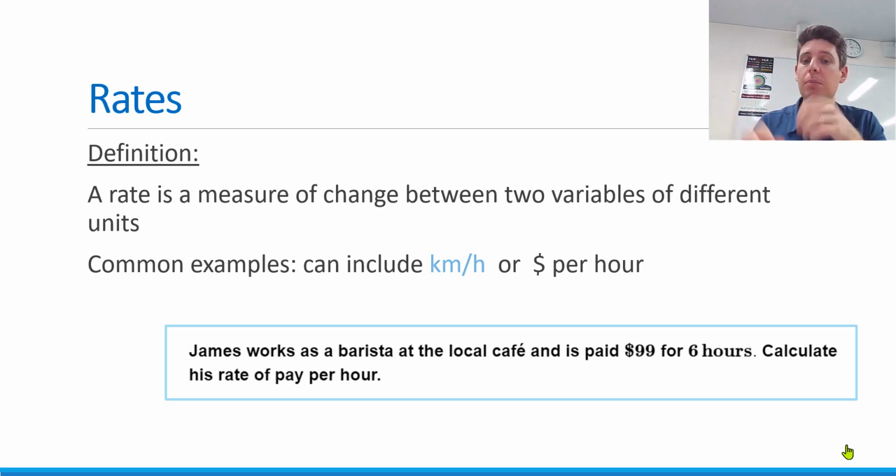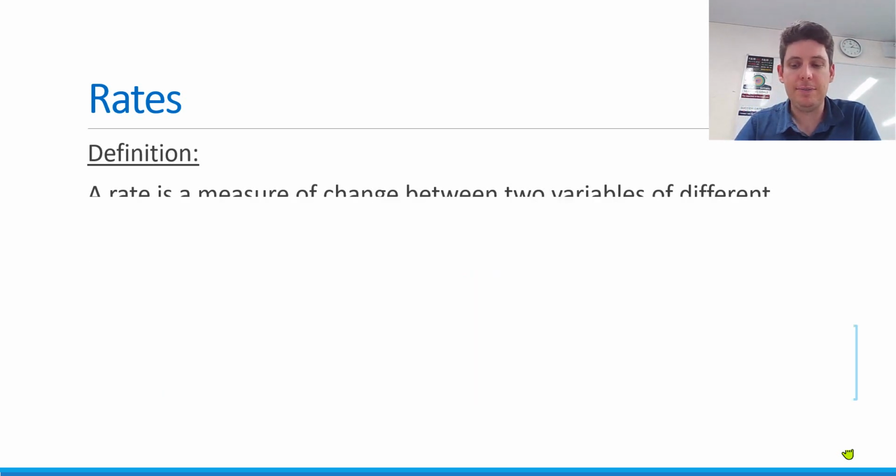So we would divide both the 99 by 6 and the 6 hours by 6. We're converting the 6 hours to 1 hour by dividing by 6, and that's why we divide the $99 by 6. So if you have your calculator, you can type in 99 divided by 6, and you get $16.5 per hour. I guess that's a bit underpay, James, but hopefully you'll get a pay rise soon.